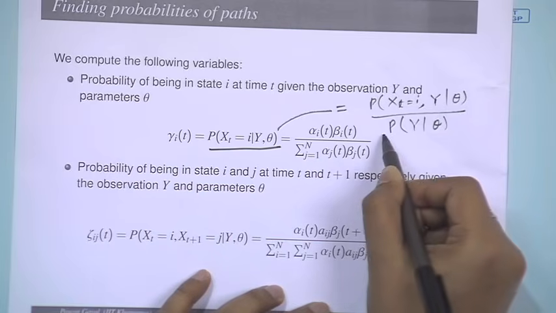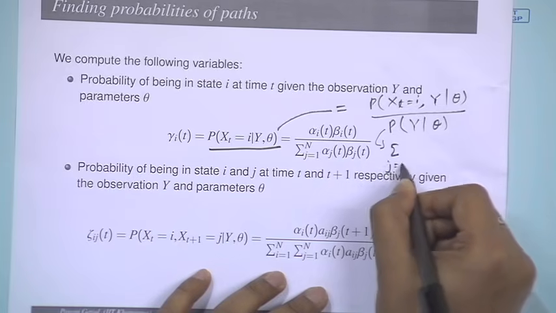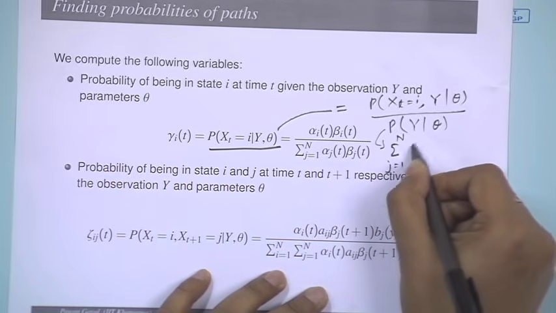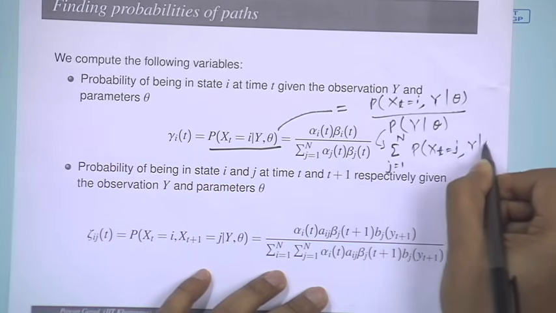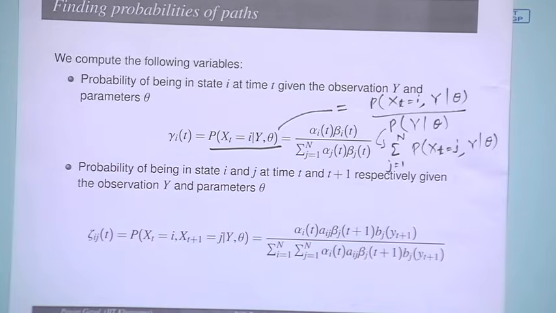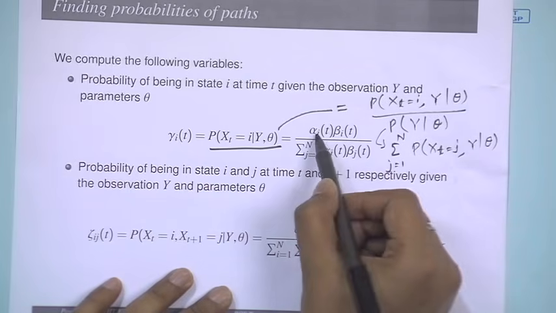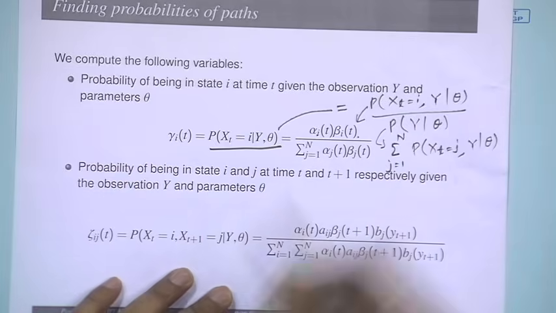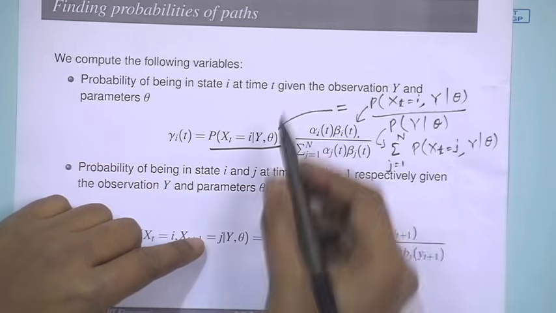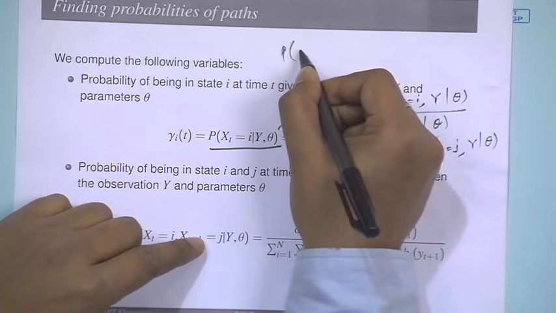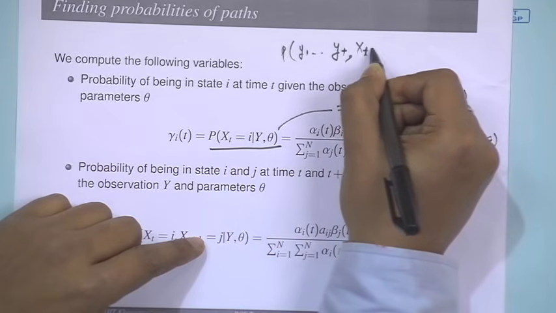Now, this denominator I am writing as the summation over j equal to 1 to n of the probability of x_t equal to j, y given theta. Now you can see the symmetry in this equation. What I have to show is that alpha_i(t) times beta_i(t) is the probability of x_t equal to i, y given theta, and that is very easy. What is alpha_i(t)? This is the probability of y_1 to y_t and x_t equal to i.